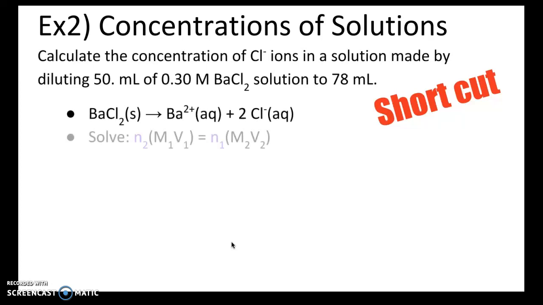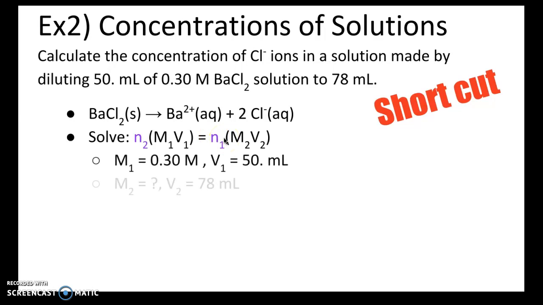This is example 2, same problem here. To solve it, I'm going to start off with the molarity and volume as my M1 and V1. And here I have the mole ratios, and that comes from the balanced chemical equation. So N2 and N1 will come from the balanced chemical equation. I set my species 1 or substance 1 as my barium chloride, and so here's its molarity and its volume.